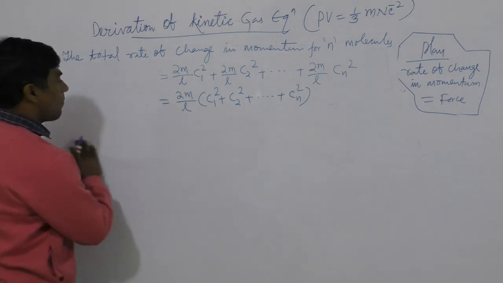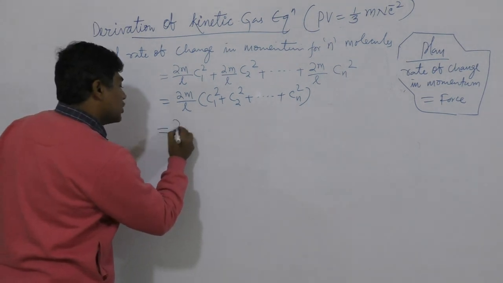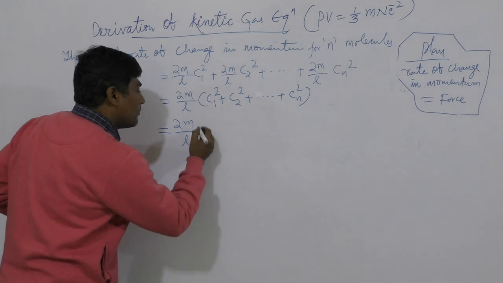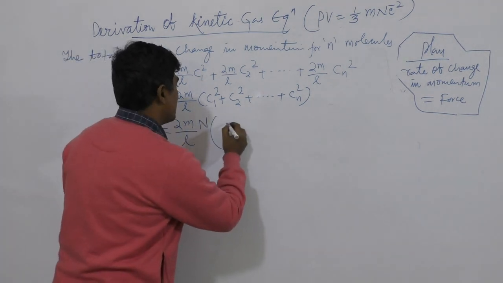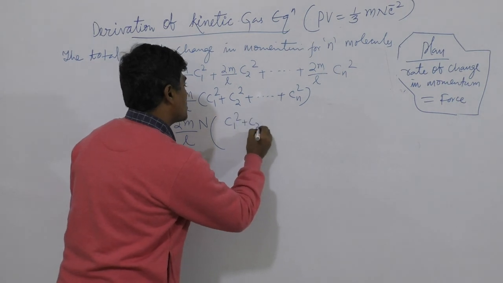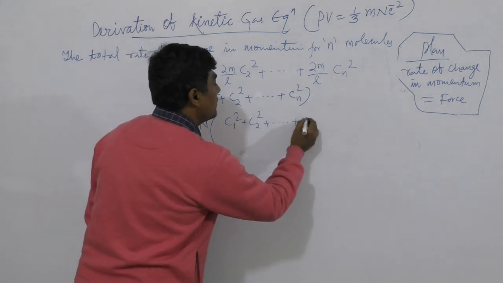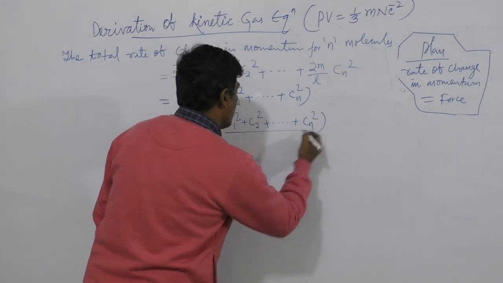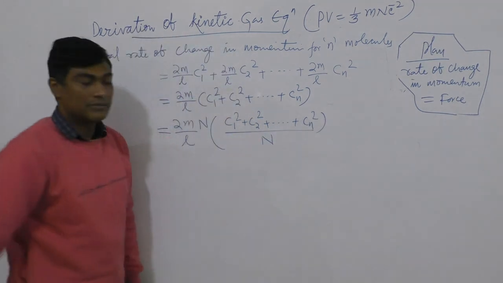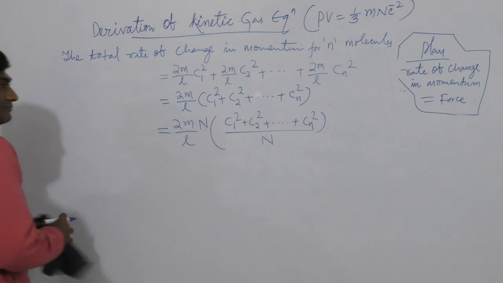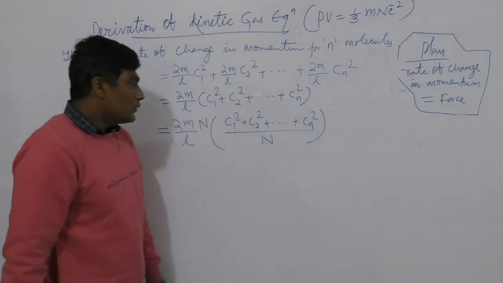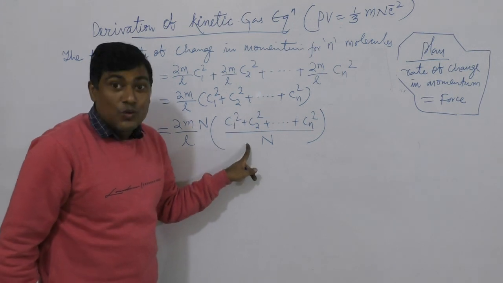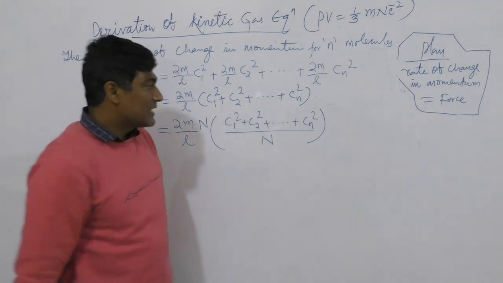So we will write 2m by L, multiply N here and divide N here, into c1 square plus c2 square plus and so on plus cn square upon N, right?